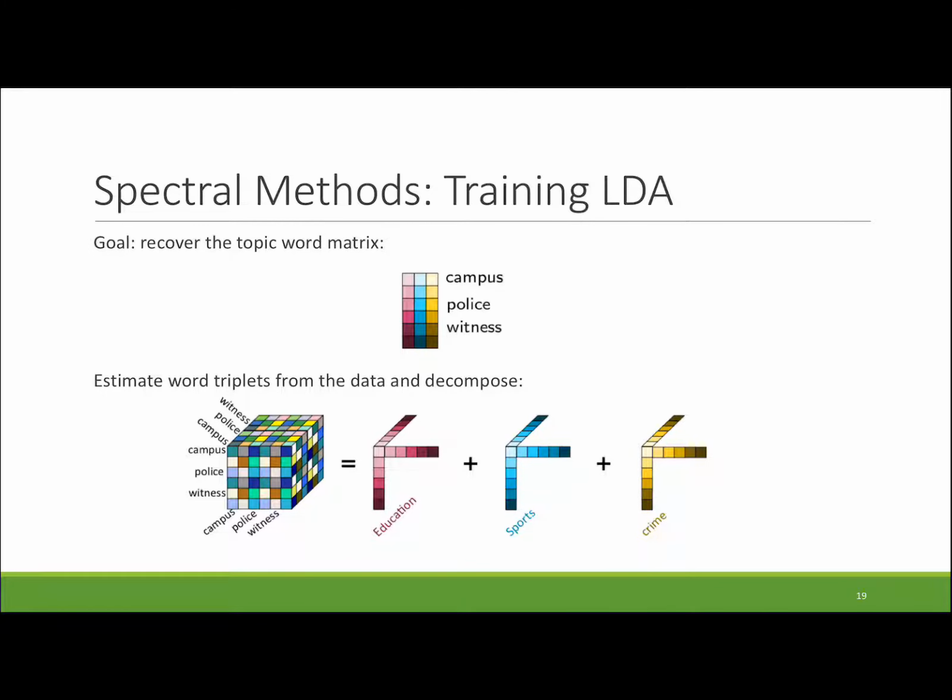So let's go over this again. Our goal was to recover the topic word matrix as well as the parameters of the Dirichlet distribution, and we showed that if we construct these pairwise statistics, or statistics about the triplets of words, we can find this nice decomposition that recovers the columns of this topic word matrix for me.